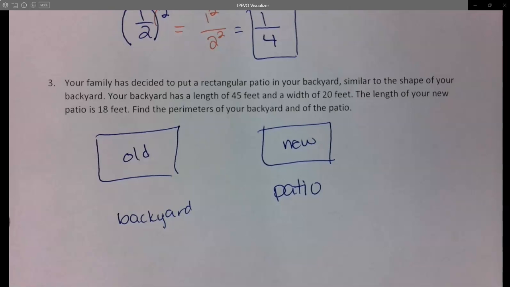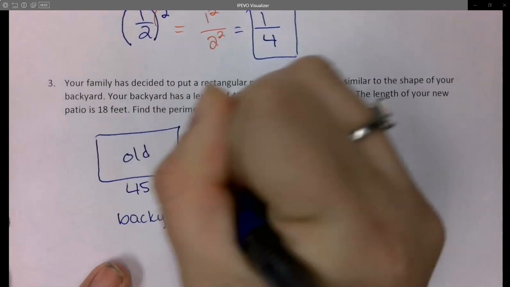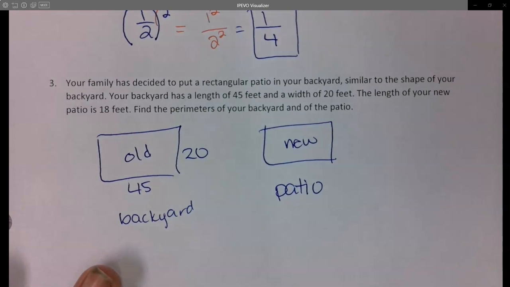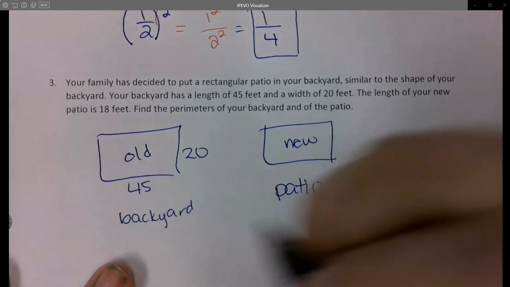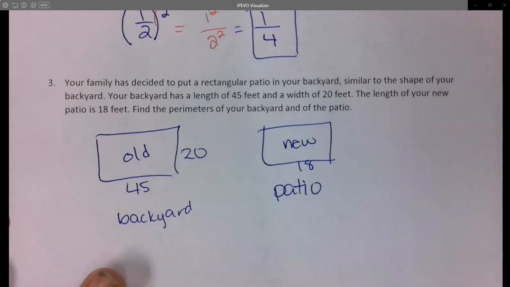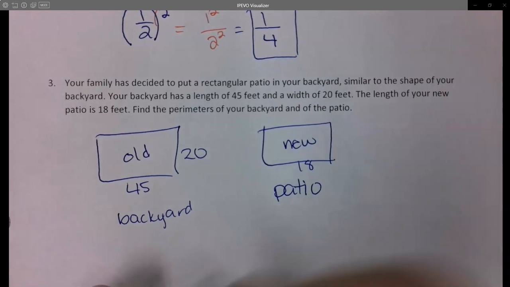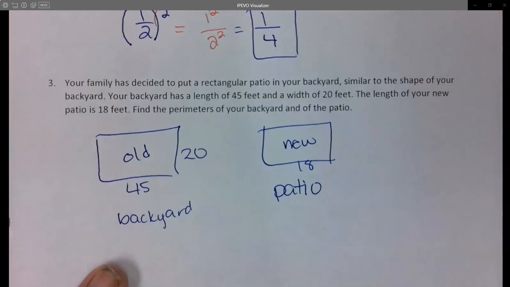It tells me the backyard is 45 feet long and 20 feet wide. The length of my new patio is 18 feet. This one wants me to find the perimeters. So perimeters is just scale factor.